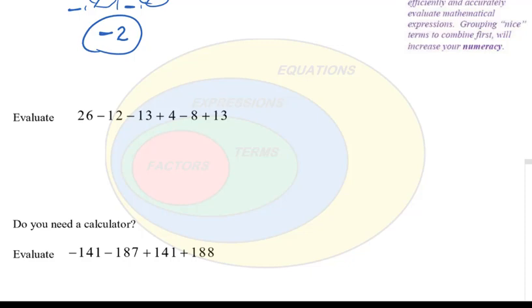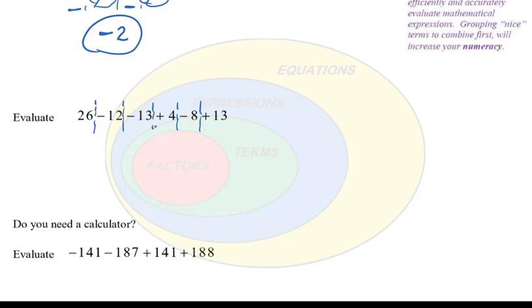Now that we understand how to read math as terms, once we have our separate terms, and again, remember the terms are separated by plus or minus outside of parentheses. So right in front of every positive and negative sign is basically starting a new term. So these terms can be combined in any order we want. Before I do anything, I want to look for really nice terms to combine.